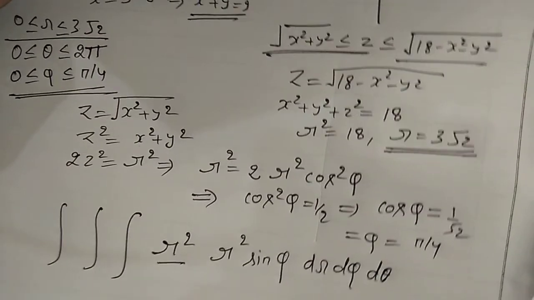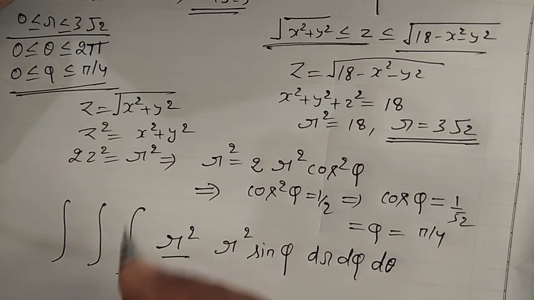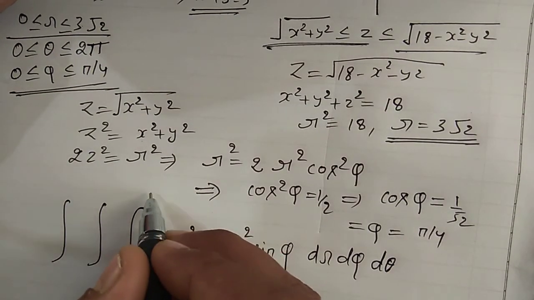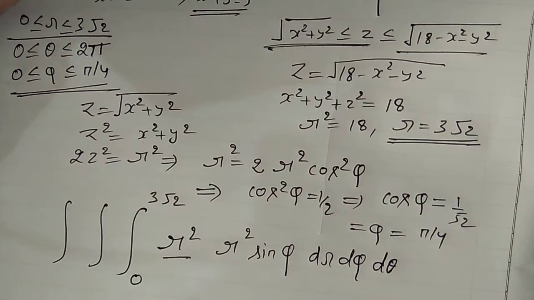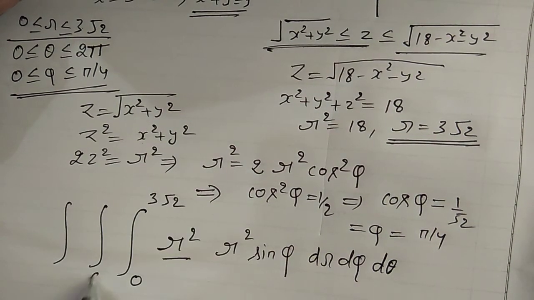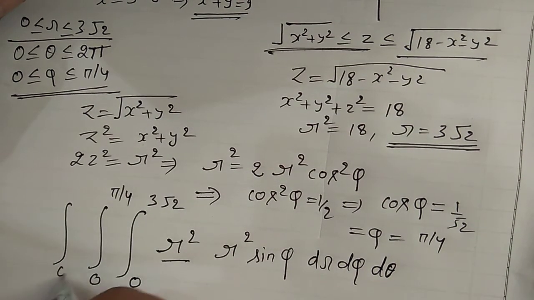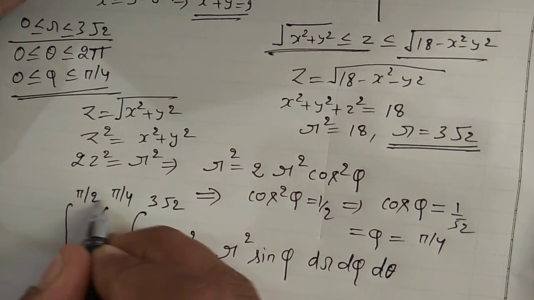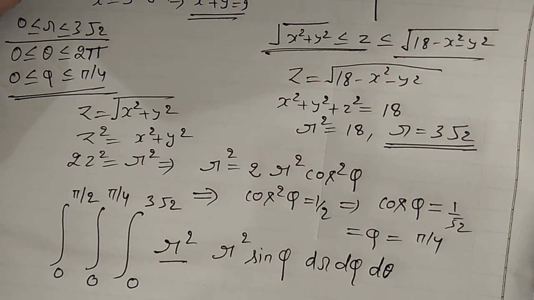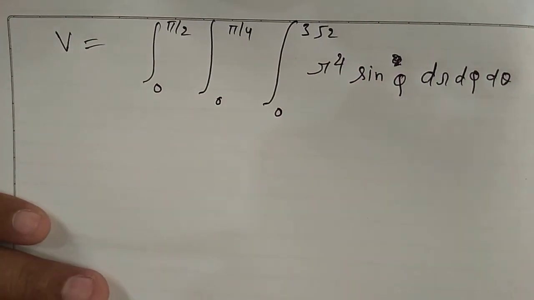And your limits will be: r limit 0 to 3 root 2, phi limit 0 to pi by 4, and theta limit 0 to pi by 2. So this is your v.